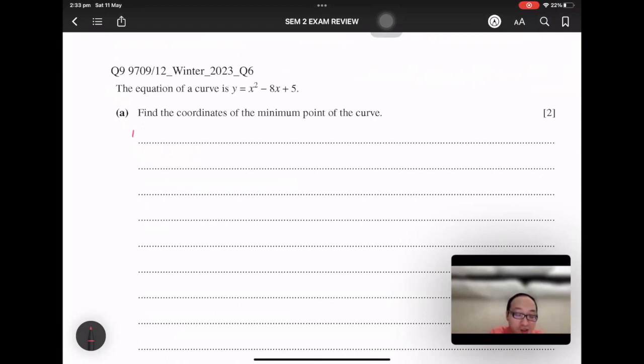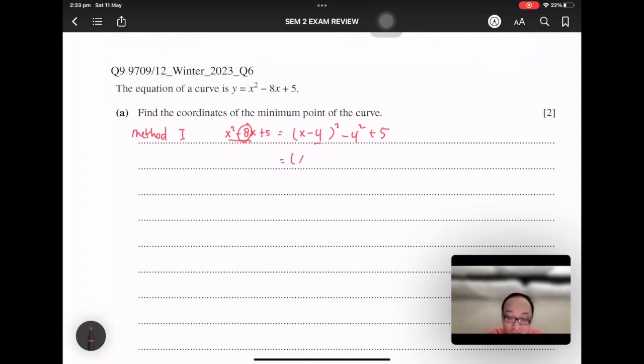So for method one, using completing the square, I can write x squared minus 8x plus 5 in the form of (x minus 4) squared plus 5. Don't forget you divide the 8 by 2, so it is 4.